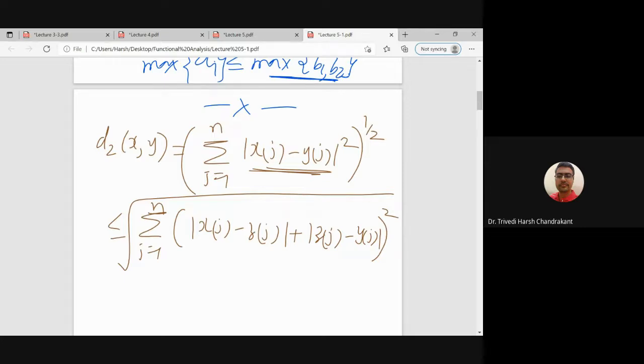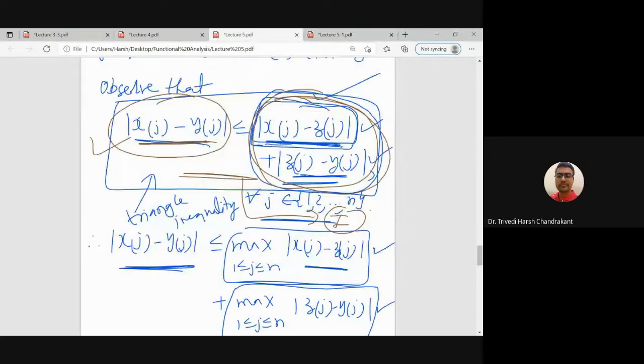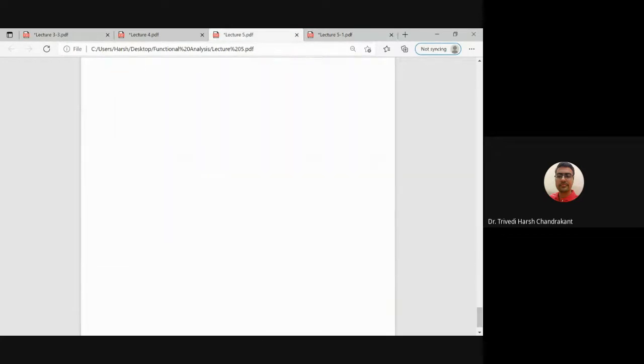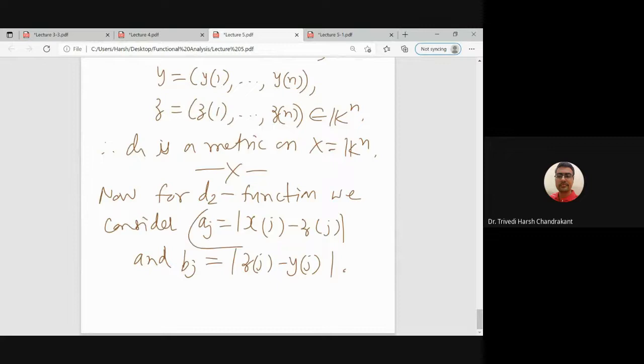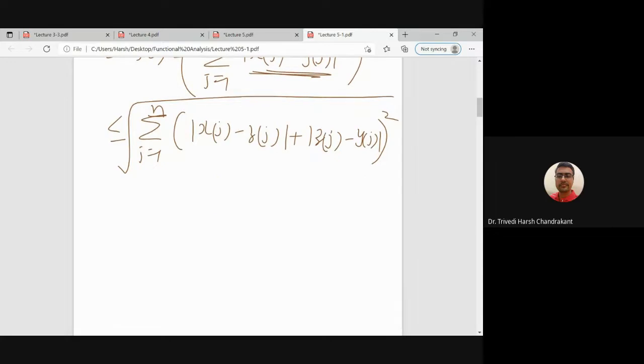Okay, and then in our new notation we define aj and bj. So this is aj, this is bj, because we are going to apply some inequality in terms of aj and bj. So this is the square root of summation j equals 1 to n of aj plus bj, squared.